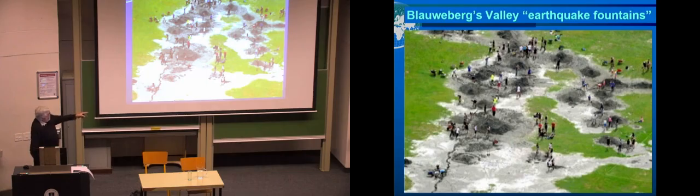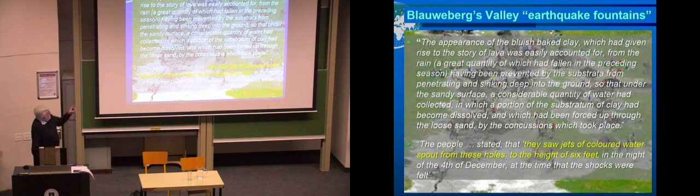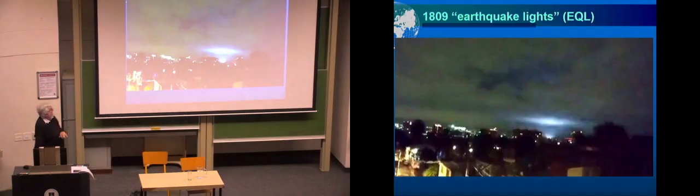What you see when you have both rupture and these sand fountains, sometimes called earthquake fountains, because, in this instance, and I'll just repeat what's highlighted in yellow there, people reported that they saw jets of coloured water start from these holes to the height of 6 feet. And he then goes into why these occurred. His account there is actually a very good account from first principles of why they were there.